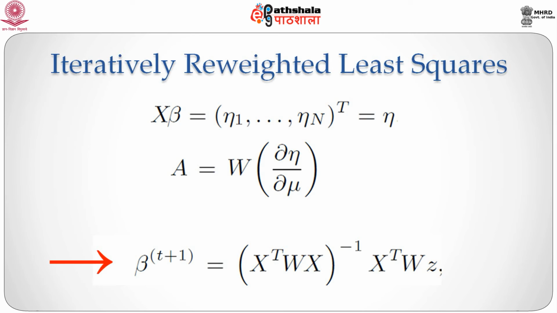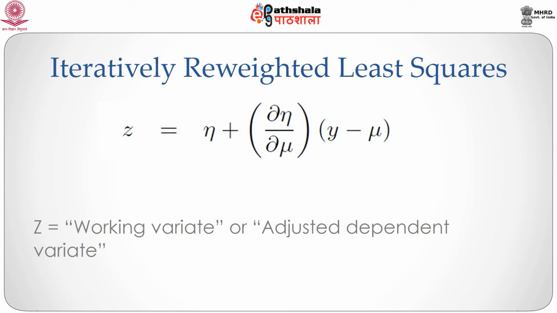This means that beta t plus 1 can be expressed more compactly as (X'WX) inverse into X'W z. Z is a variable which is called eta plus d eta d mu into (y minus mu), where of course the multiplication means that it happens component wise. So what does this mean?